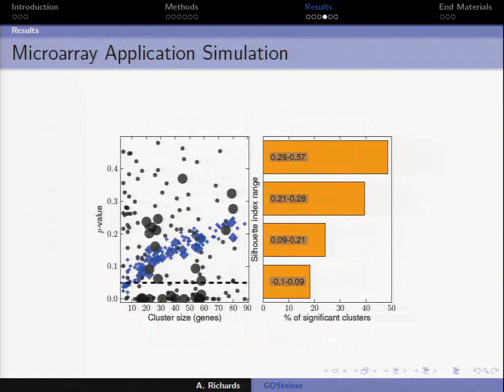So we took the method and we applied it to microarray data. The point of the method, or one of the potential uses of the method, is to be able to filter a large number of genes. Which ones am I going to go ahead and see? Am I going to go on to experiments and so on and so forth?